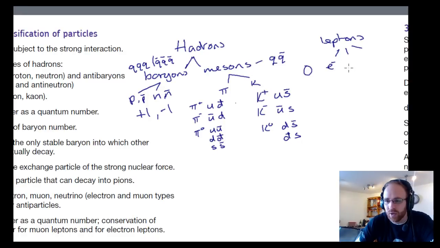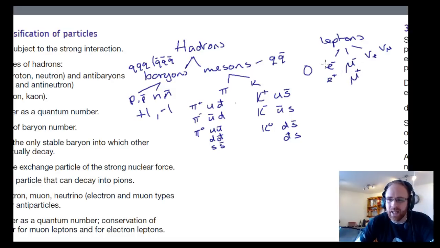So we've got electrons, muons, and neutrinos. Now, neutrinos are assigned to the respective leptons. So muon is a mu minus, and we've also got anti-leptons.